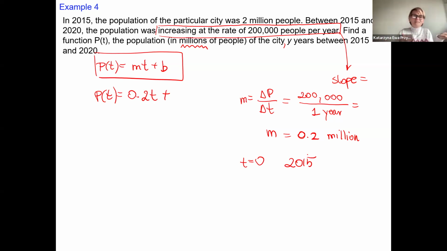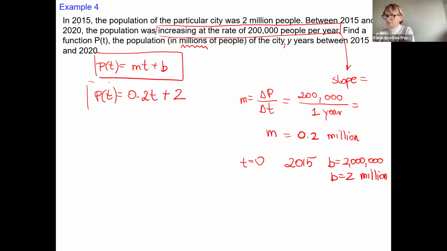What was the initial population in 2015? I can just say b is 2 million. Okay, so we do have a function. That's what we need to do. Find the population between 2015 and 2020, but we don't have to do anything with 2020.